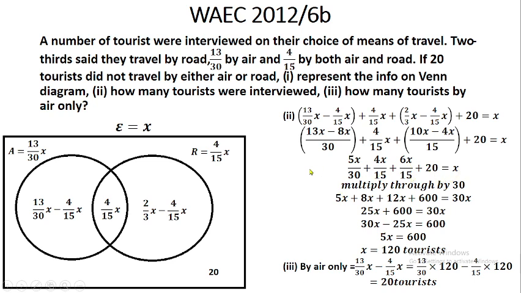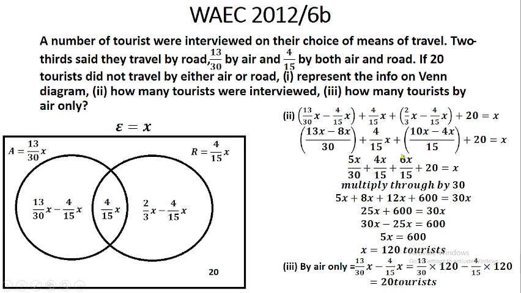Then we can multiply through by the LCM of the denominators, which is 30. If you multiply through by 30, that will clear the denominators for us. So 30 times 5x over 30: 30 takes care of 30, so you have 5x left. 30 times 4x over 15: 15 in 30 gives us 2, times 4x gives us 8x.